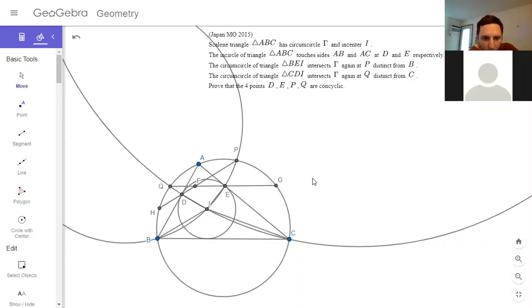So angle QDP is angle QDI minus angle IDP.